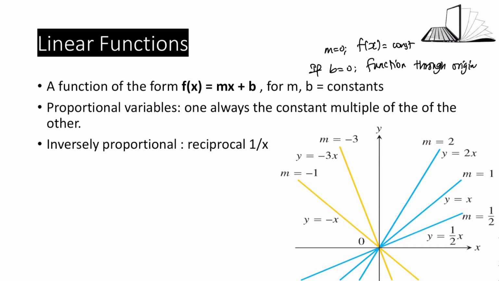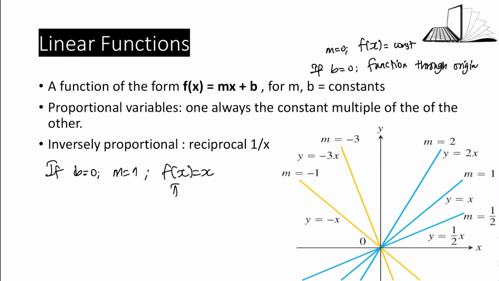Now, if b is equal to 0 and m is equal to 1, then f of x is equal to x. This is called the identity function.